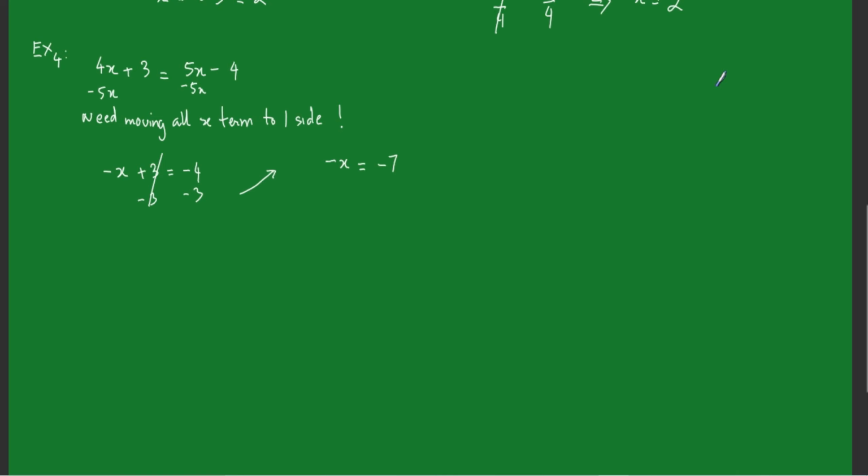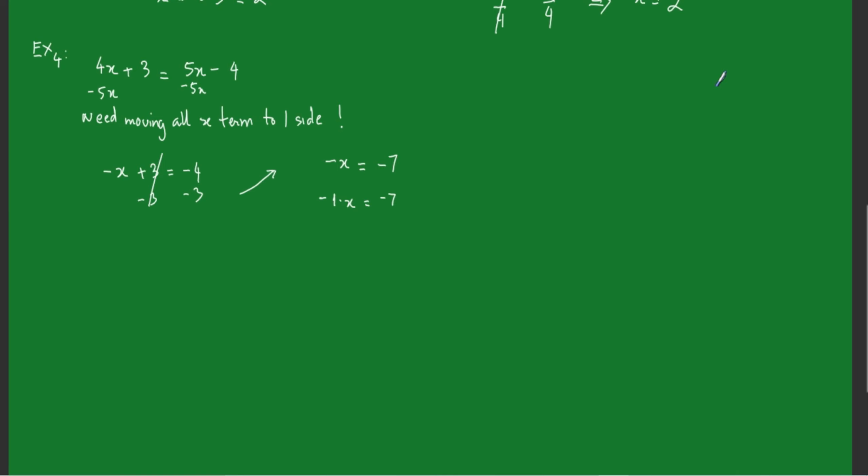Some students just stop right over here, but be careful. We want to get x, we don't want to get negative x as the final answer. This is like negative 1x, so it has the same meaning.